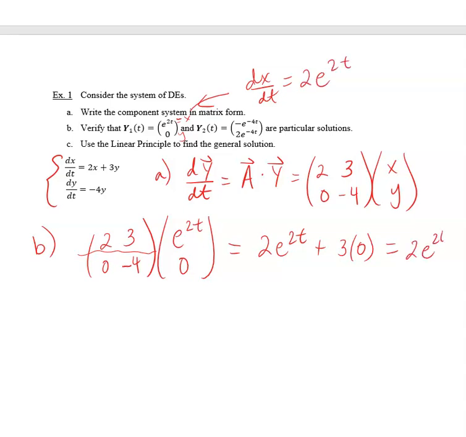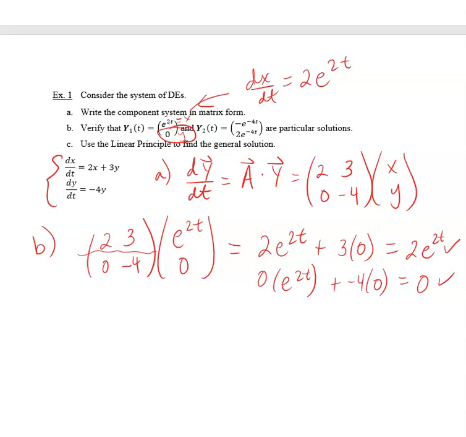And you can see, yes, that does work. And I would check it for both of them, both the x and the y component. So if we do the same thing for the dy/dt term, we're going to have 0 times e^(2t) plus -4 times 0. Does that, in fact, equal dy/dt? Well, it would just be 0. So that would be good to go.